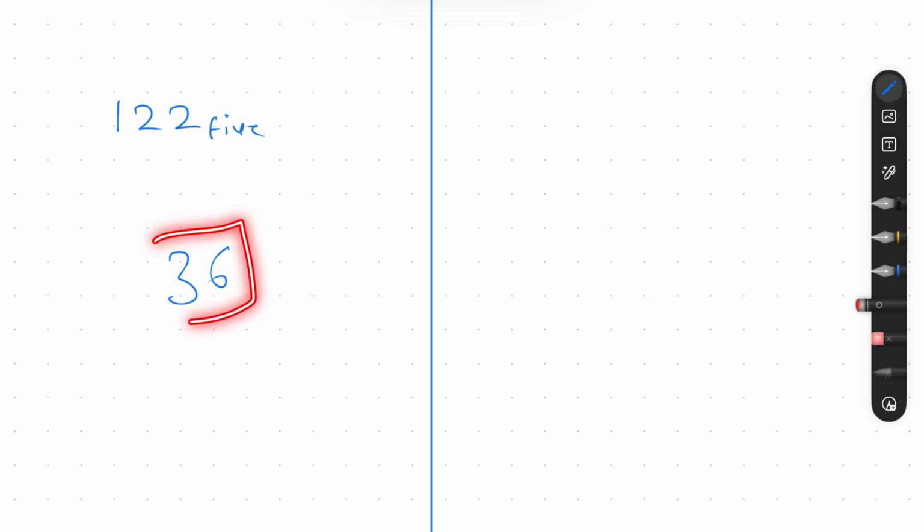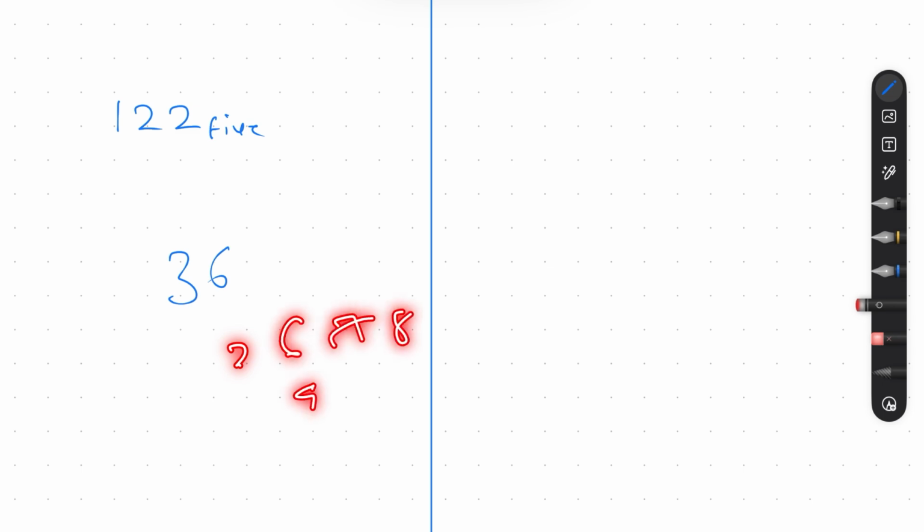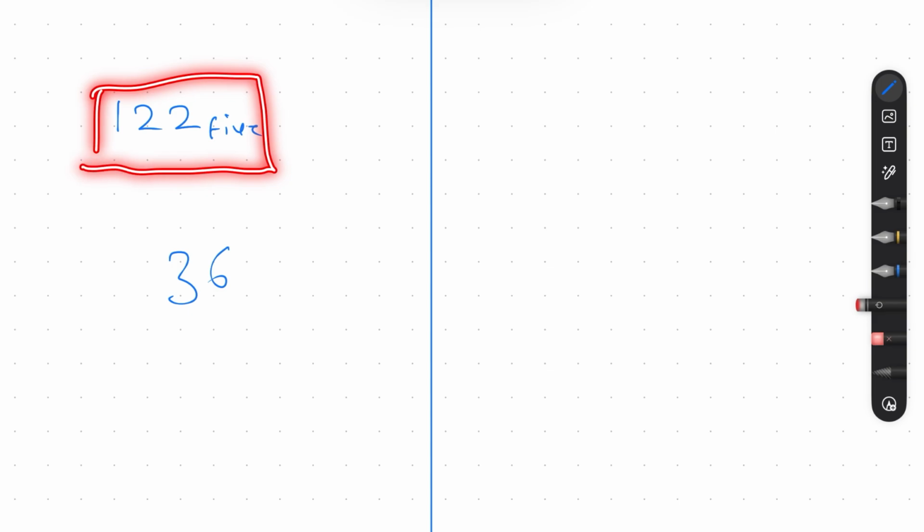So we want to change this number to another base, maybe base 6, base 7, base 8, 9, or 12, 11, or something like that, right? Or we have a number in another base and we want to change it to base 10.